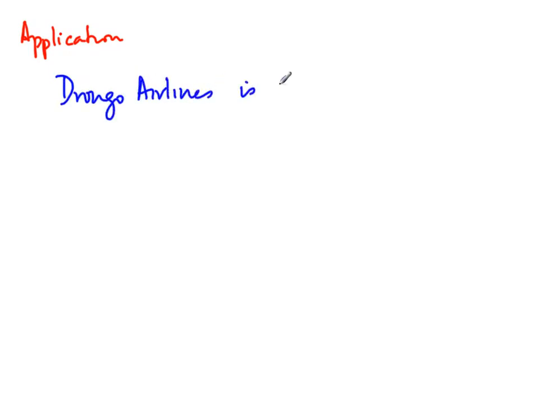So let's look at some typical applications where we might want to find a spanning tree. Let's assume that Drongo Airlines is losing money.